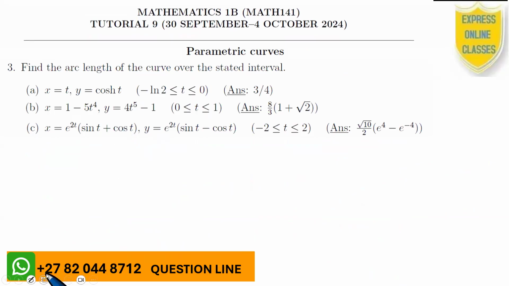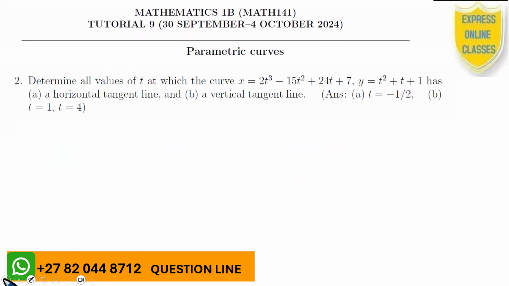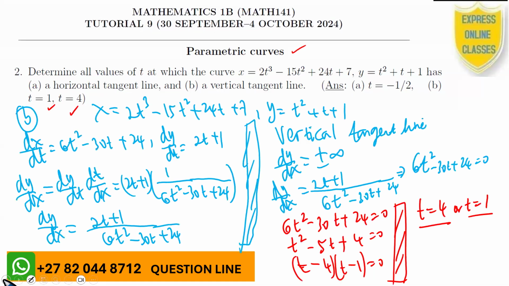Now at this point, I wanted to say something about number 2B. This becomes a vertical tangent line when the derivative is plus or minus infinity, and that would happen when the denominator of the dy/dx expression is identically 0.